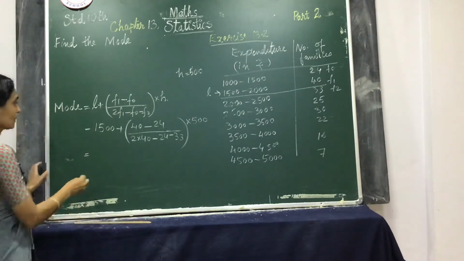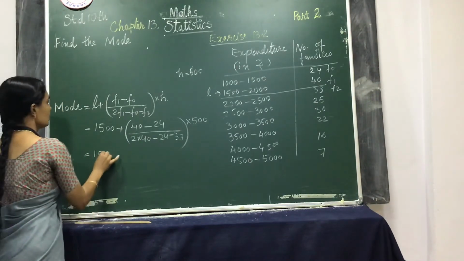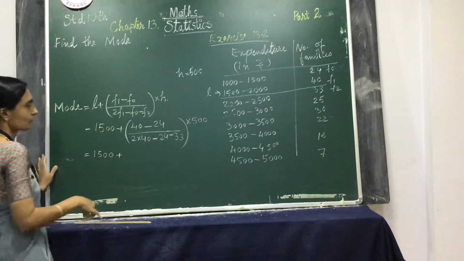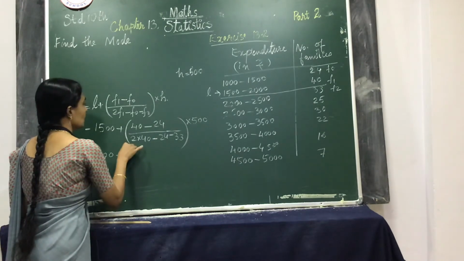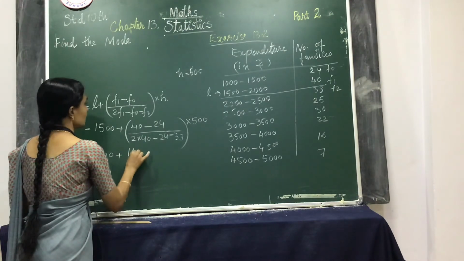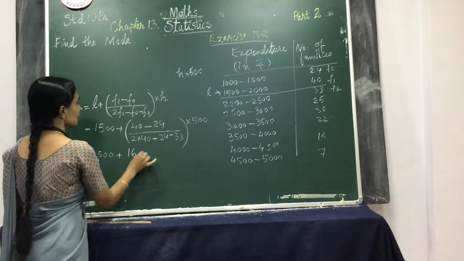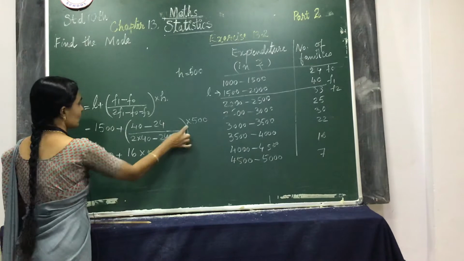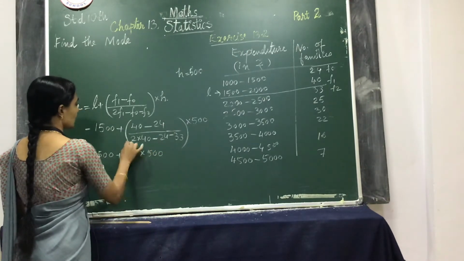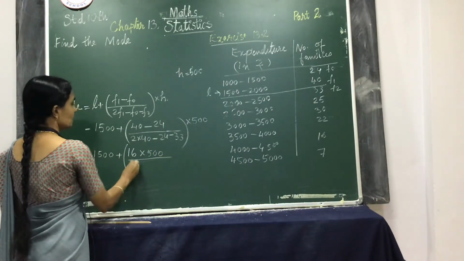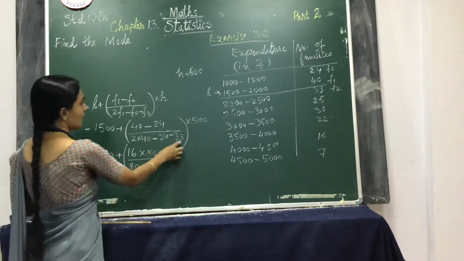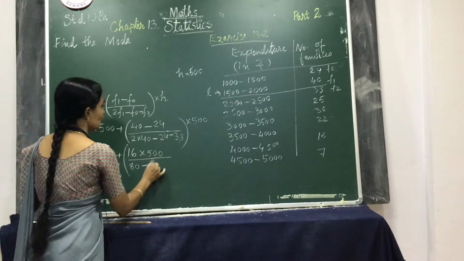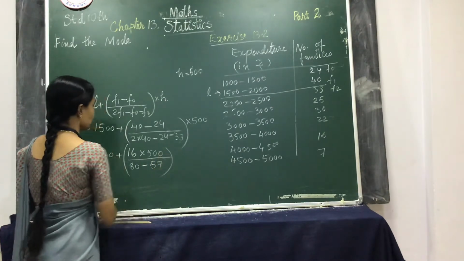Here, 1500 plus 40 minus 24 is 16, and into 500 we can take this inside, divided by 80. 2 40s are 80 minus, adding these two, 57.